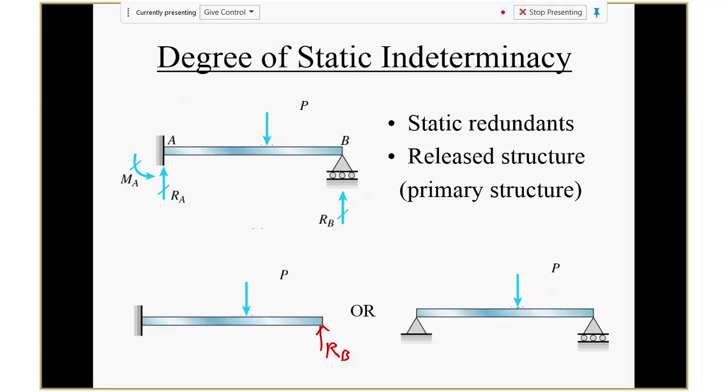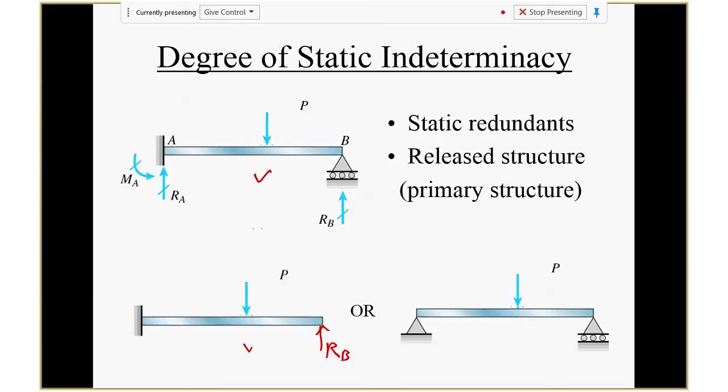So the beam here is equivalent to a cantilever beam with a load P there and the RB there. Of course, you cannot randomly apply any RB there. It must be some specific RB. The correct RB will make it equal to the top one. So you remove one additional restriction, what we call a redundant restriction, and then you get a determinate structure.